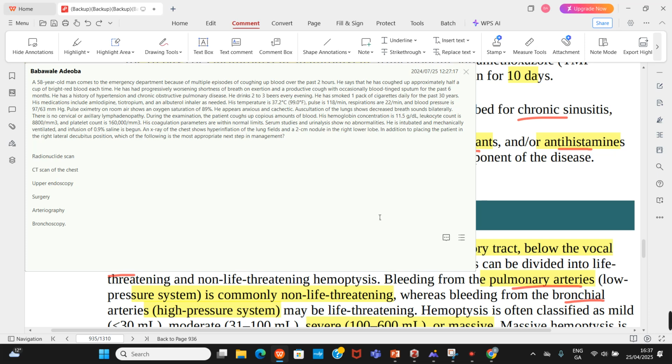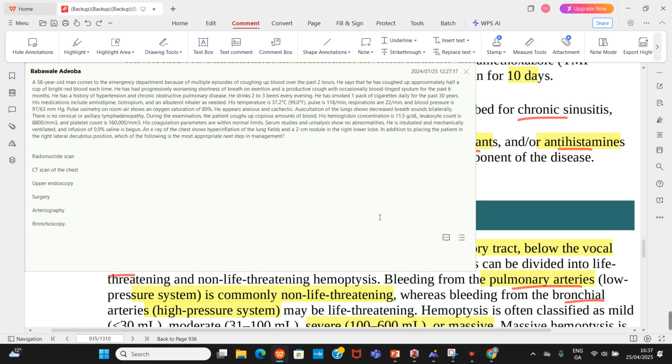Serum studies show no abnormality. He is intubated and mechanically ventilated. Infusion of 0.9% saline is begun. An X-ray of the chest shows hyperinflation of the lung fields and a 2 cm nodule in the right lower lobe. In addition to placing this patient in the lateral decubitus position, which one is the best next step in the management?